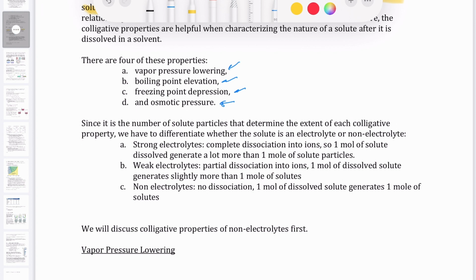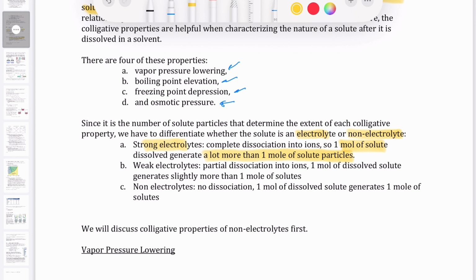Because these properties depend on solute particles, one of the things we have to differentiate early on is the type of solute we have, whether it's an electrolyte or a non-electrolyte. The reason this is important is because an electrolyte will dissociate to form more particles than the number that it is dissolved in. For a strong electrolyte, if you dissolve 1 mole of solute in water, you're going to generate a lot more than 1 mole of solute particles.